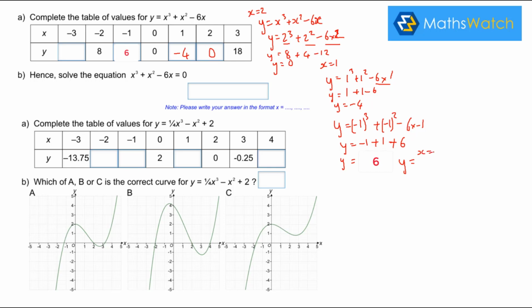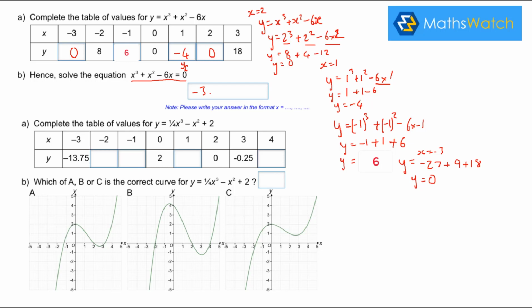Minus 3 cubed now. So when x equals minus 3, minus 3 cubed is minus 27. Plus x squared, so minus 3 times minus 3 is 9, and minus 3 times minus 6 is 18, and that's what I mean by working out each term by each term. So y is going to be 0 here. Hence solve the equation when that equals 0.